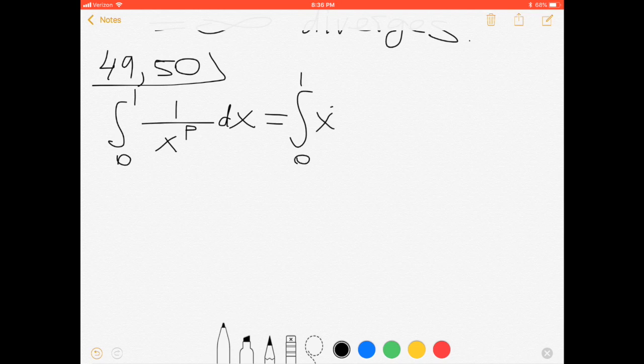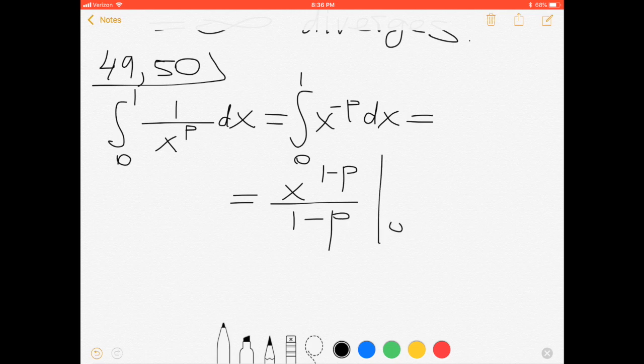I'm working formally. I write the integral from 0 to 1 of x to the minus p power dx. It will be x to the 1 minus p over 1 minus p from 0 to 1. What do we have here? If the x power is positive, this means we can plug in 1 and 0.